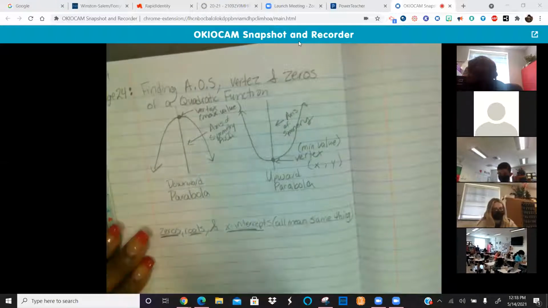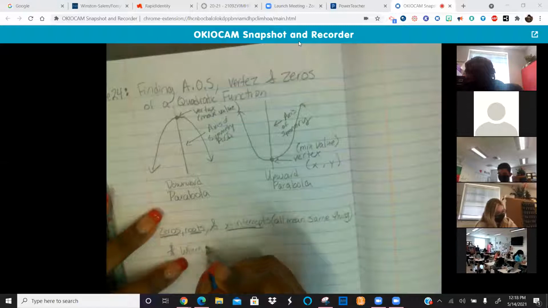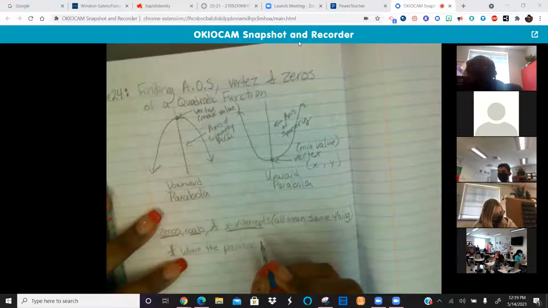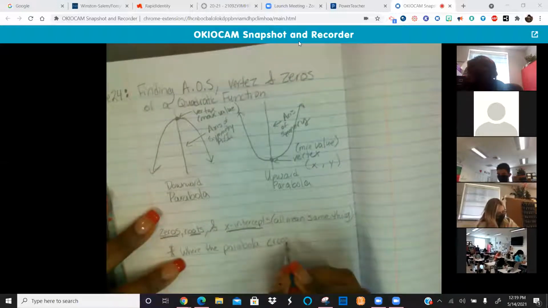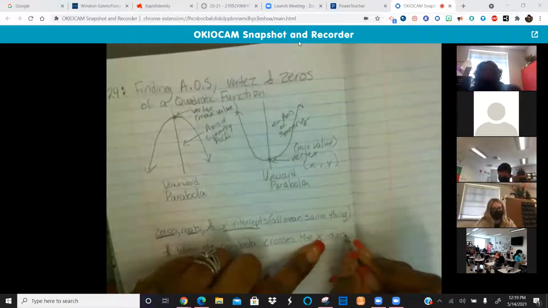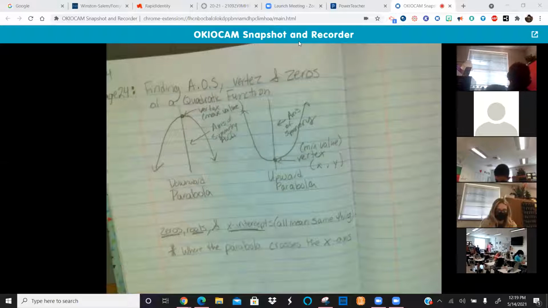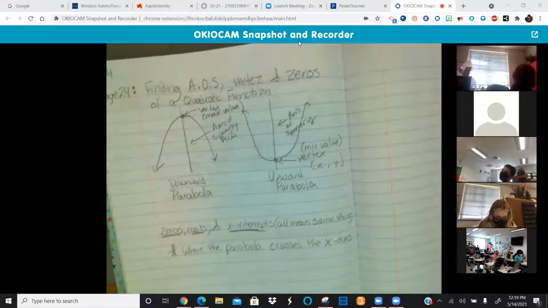This is where your parabola crosses the x-axis. Any questions so far? No questions?